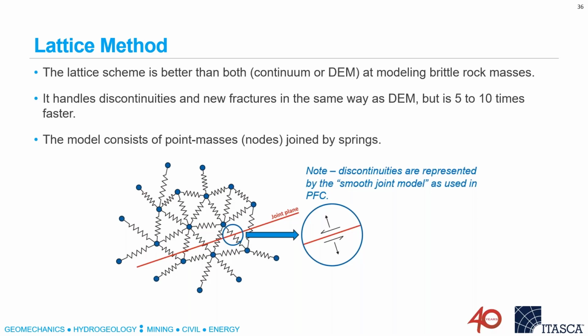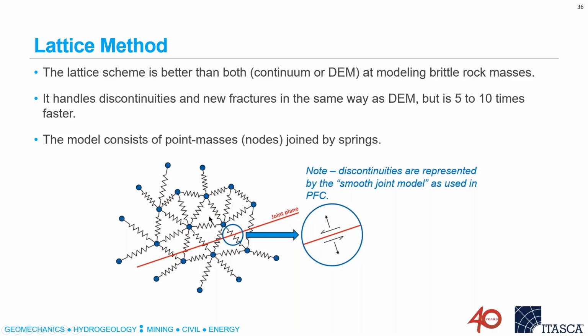And it's a slightly different scheme. It has an arrangement of nodes, which are these little dots or masses, and they're connected by springs with simple tensile and shear behavior in them.